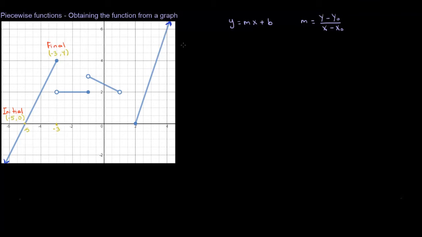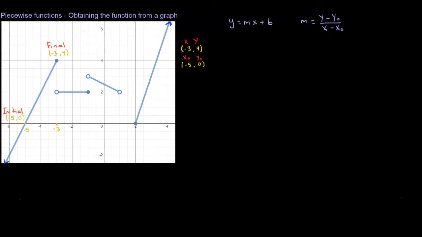I'm going to write first my 2 points: (-3, 4) and (-5, 0). I'm just going to identify which one is which. This is the final x, final y, and this is the initial x, initial y.